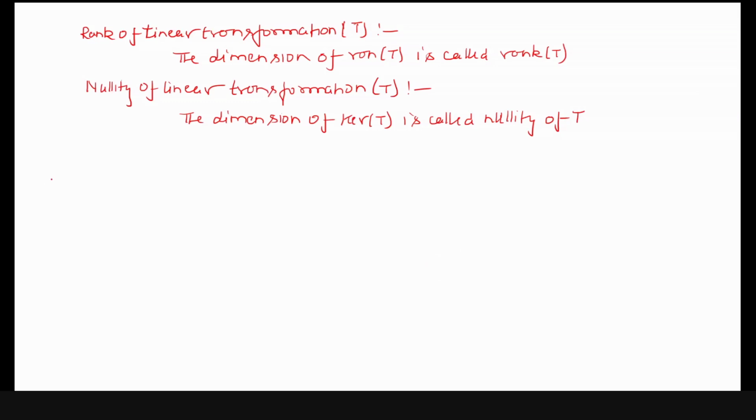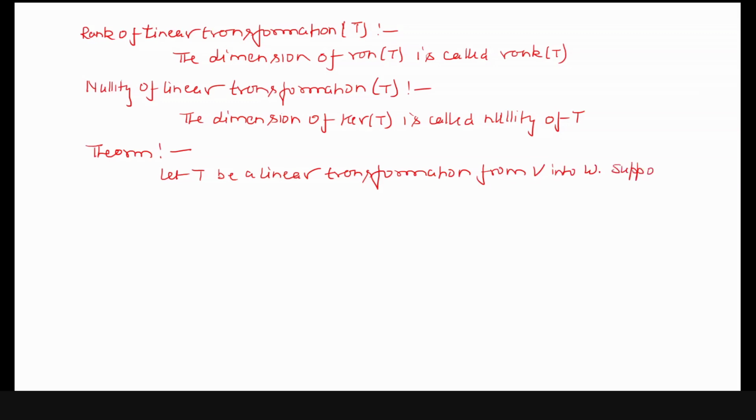So we have a theorem also, the rank nullity theorem, which is also valid here in the case of transformations, because a transformation you can also write in terms of matrix form. So the theorem is: let T be a linear transformation from V into W, and suppose T has rank r, and the dimension of V is n.